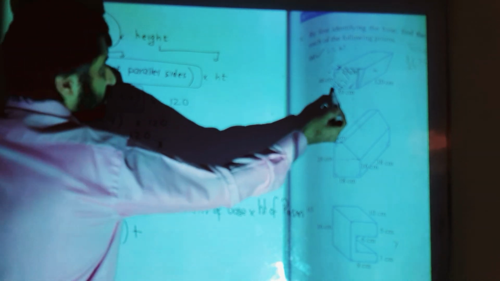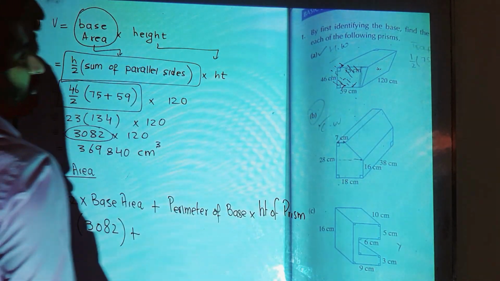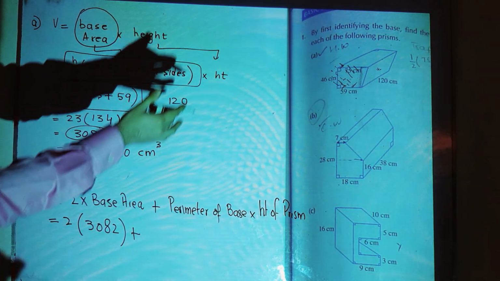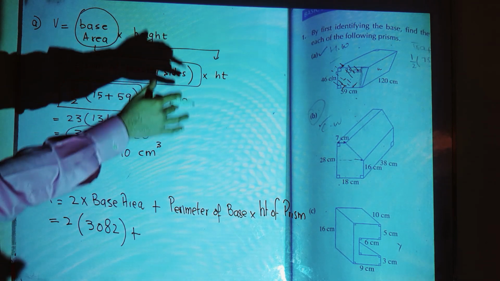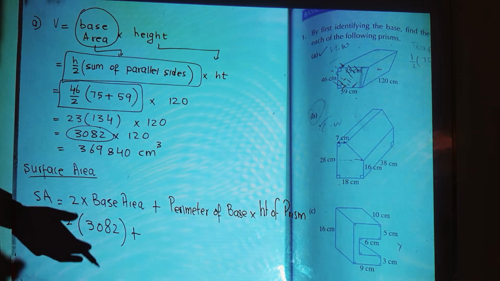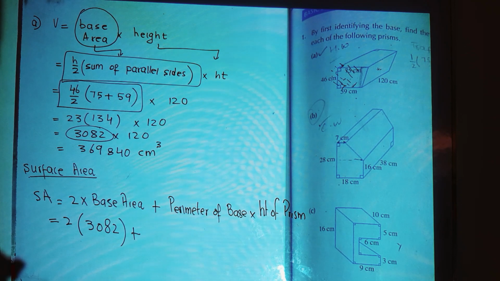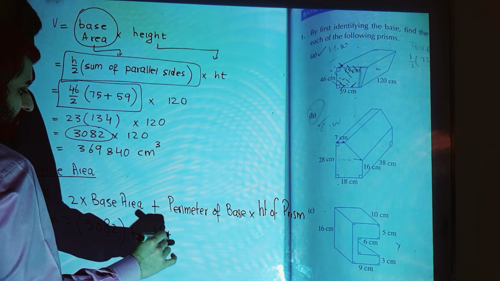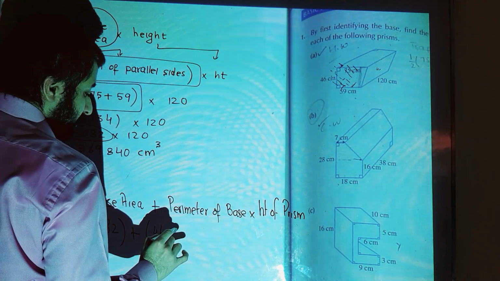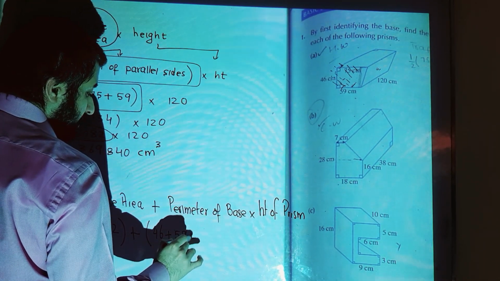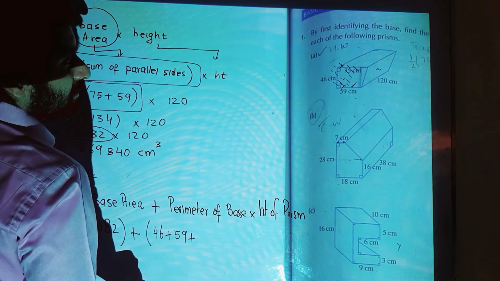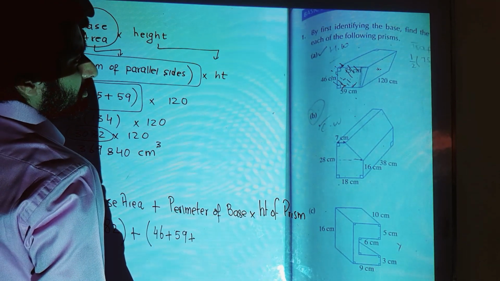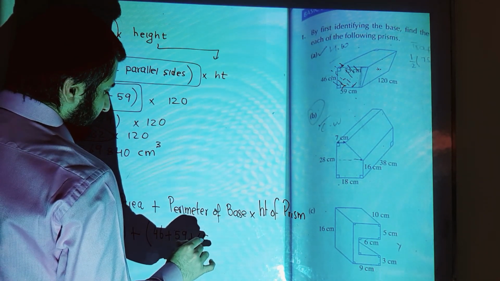You are going to add all these lengths, and as one value is missing, I am going to suppose the value. 46 plus 59 plus, I am just letting it be 65.